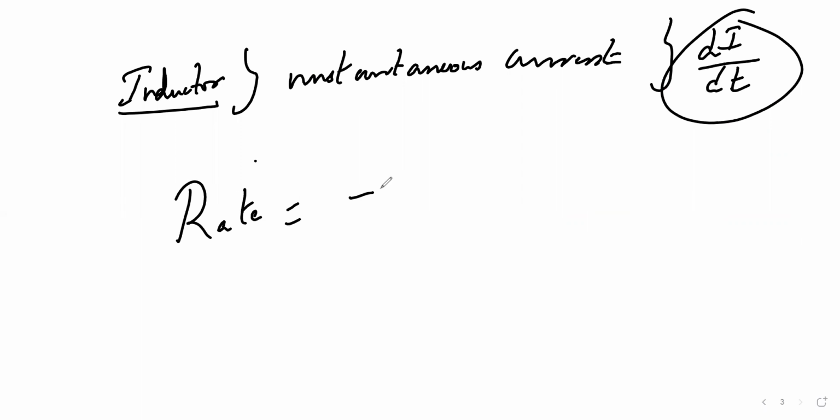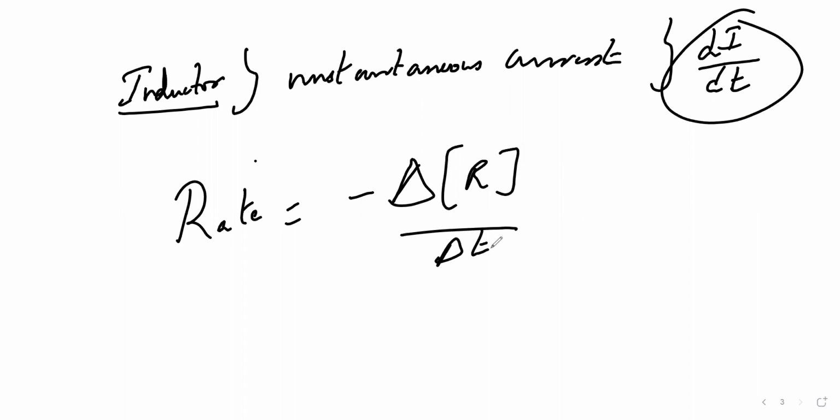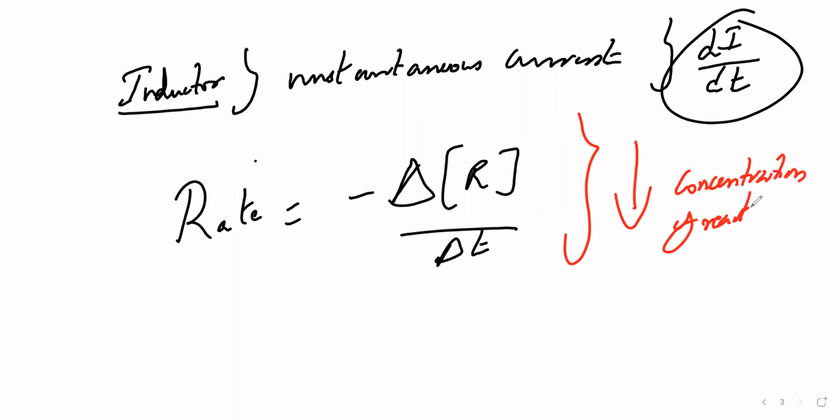So rate, if I put minus del R by delta t, the negative sign shows a decrease in concentration of reactants with respect to time.